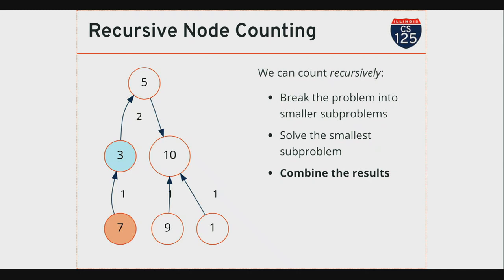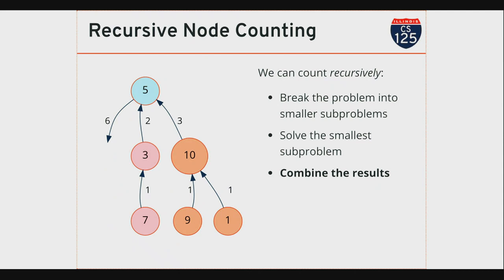I broke it down until it was really easy, and now I'm combining the results. So now I know how many nodes are in the left subtree of node 5. And I also know how many nodes are in the right subtree of node 5. And again, where I started at the very beginning is node 5 said, if you can count the nodes in my left subtree and the nodes in my right subtree, I know how many nodes are in the tree. And at this point, I do.